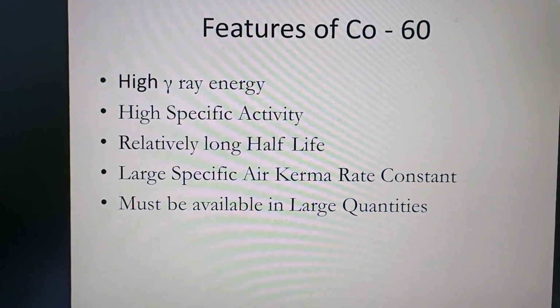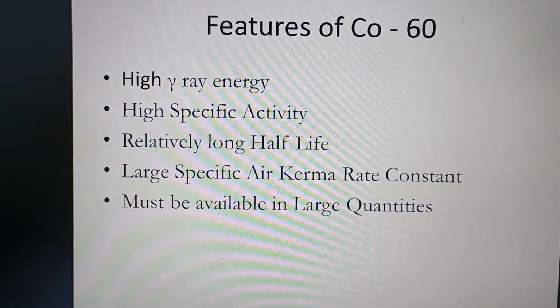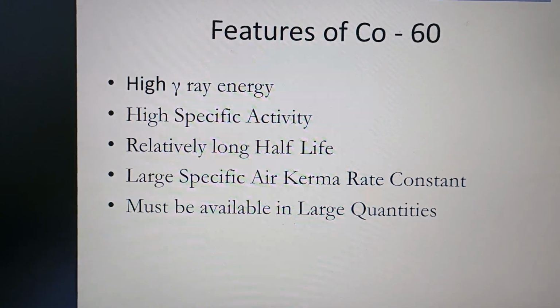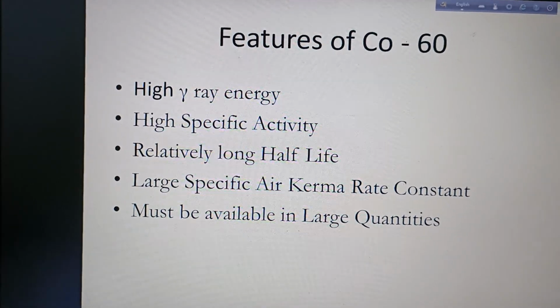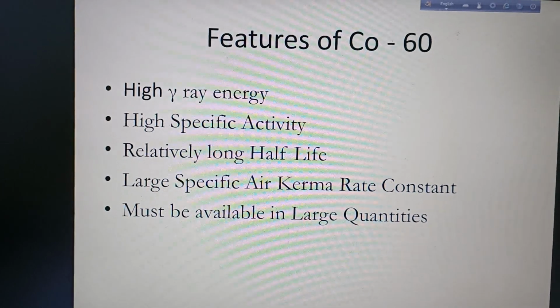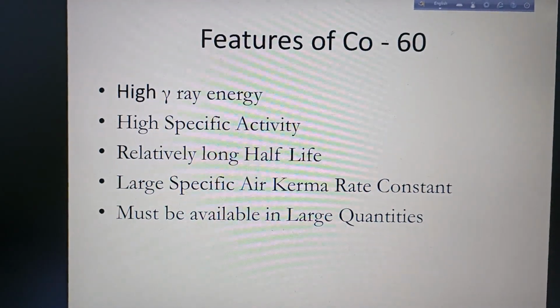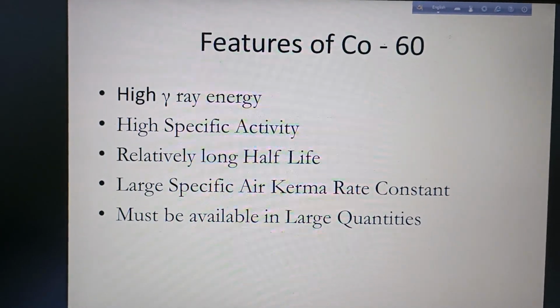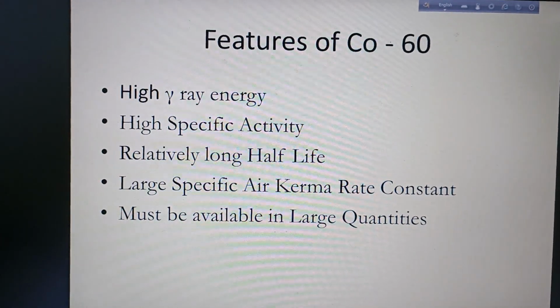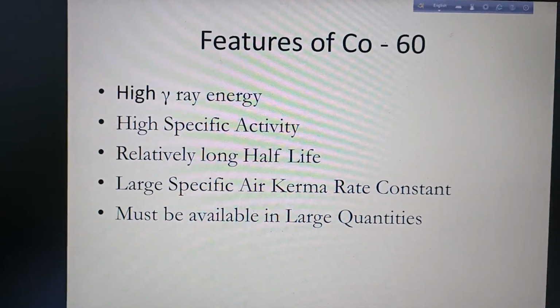Average energy 1.25 MeV. From cobalt 60 we get two gamma radiations. One is of energy 1.33 MeV and another is 1.17 MeV.